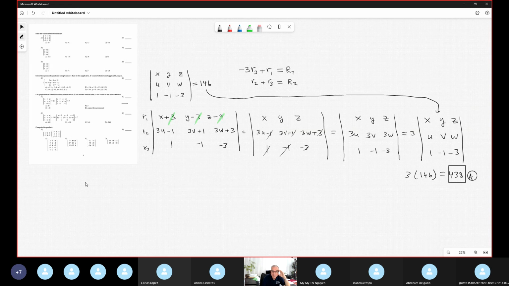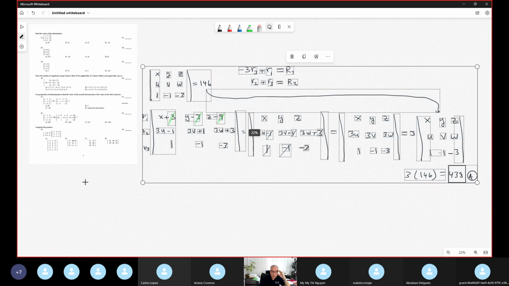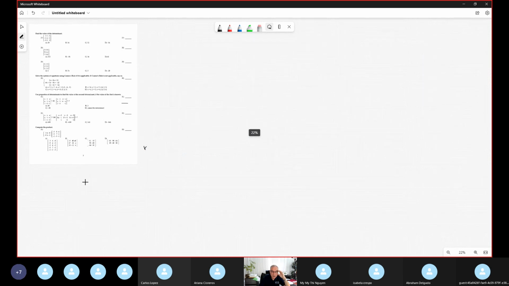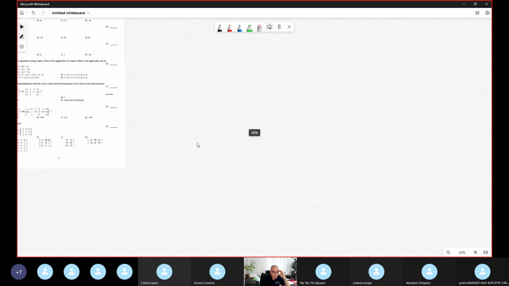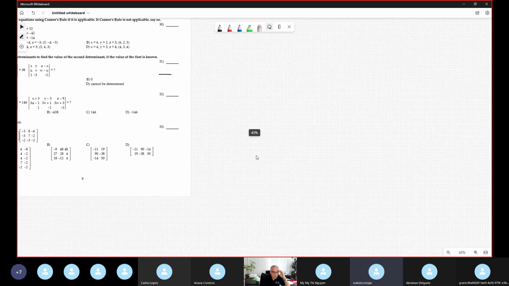Operation on the matrices. Do you understand the application of the property of the determinant or no? Yes or no? Tell me. Complicated or easy? Guys, I need your answer. Yes, we understand. Okay.